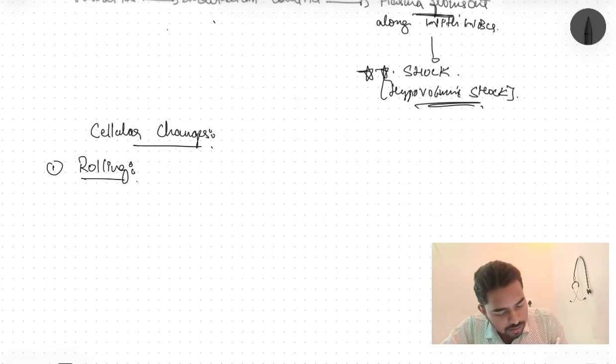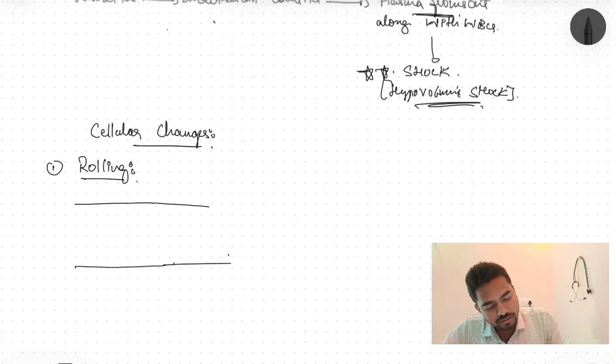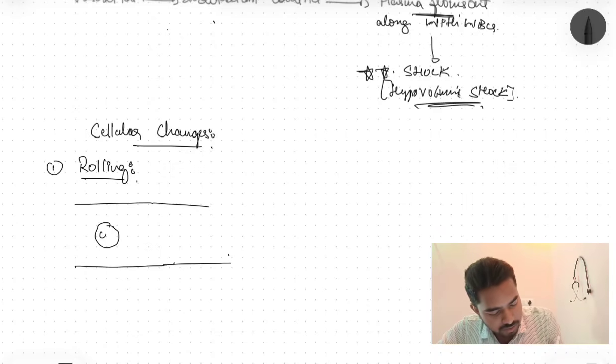See, guys, if this is a blood vessel, I told you, cells will be at the center. WBCs. What is the cell of acute inflammation, guys? Yes, I can hear you saying neutrophil. It's a neutrophil.